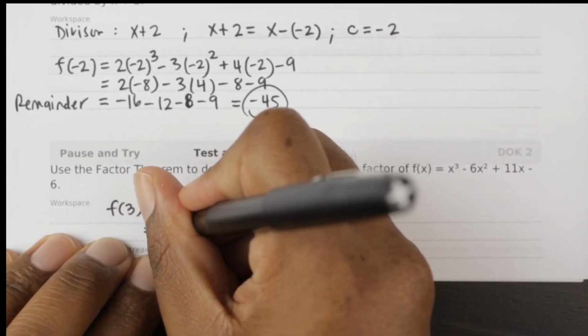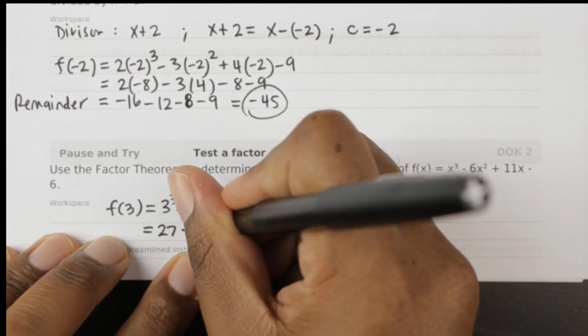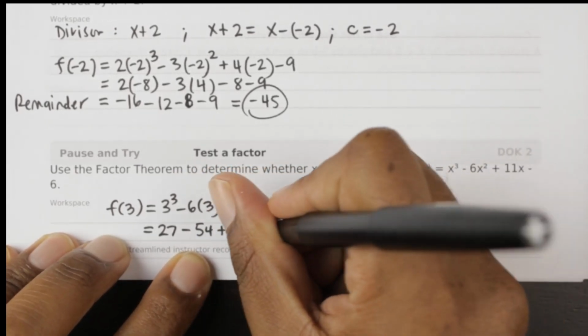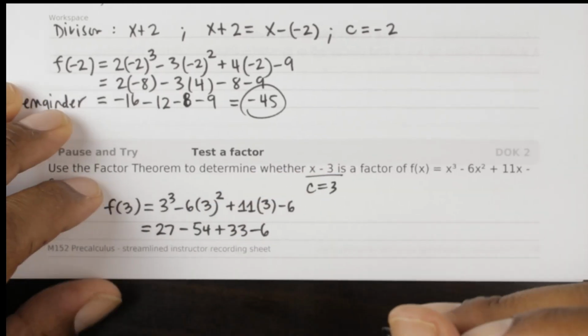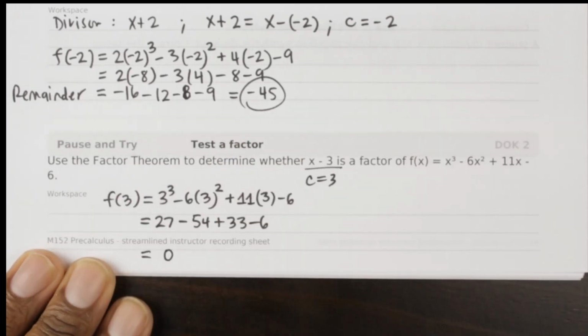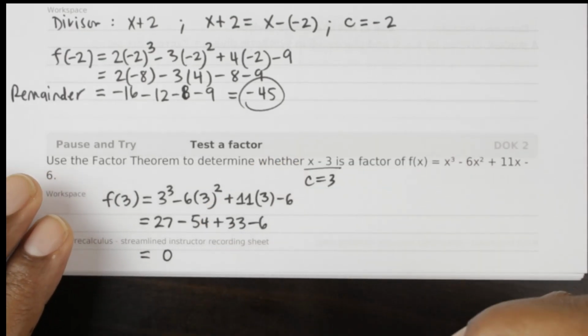This would be 27. That's 9. That'll be 54 plus 33 minus 6. Computing this further, we'll end up with 0. So since f of 3 is equal to 0, the factor theorem tells us that x minus 3 is a factor.